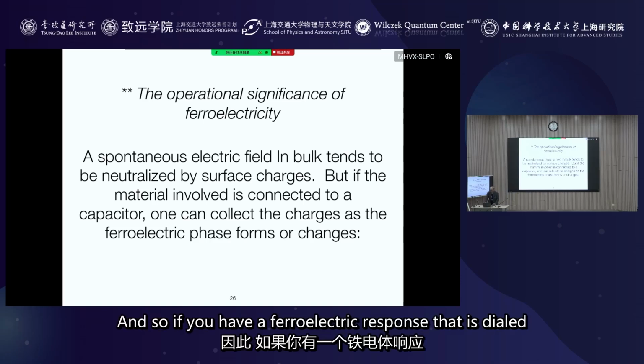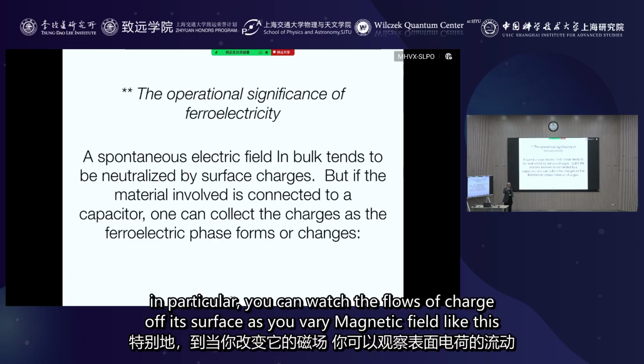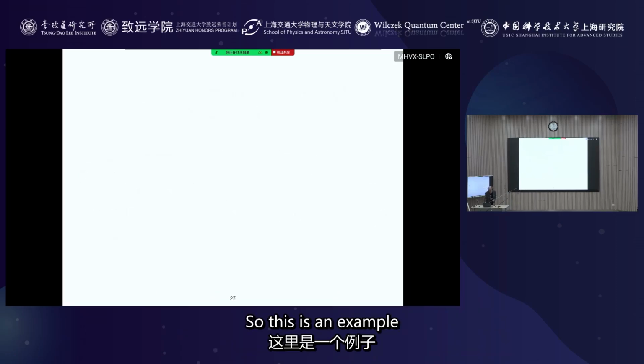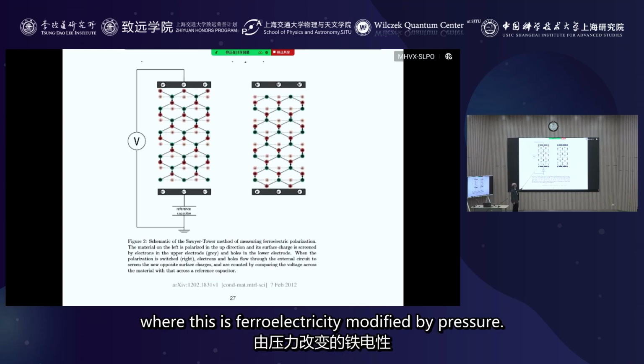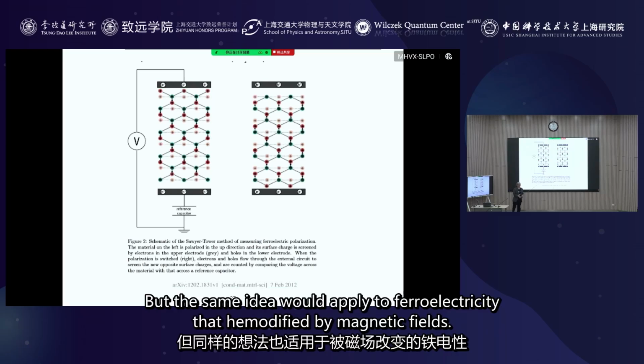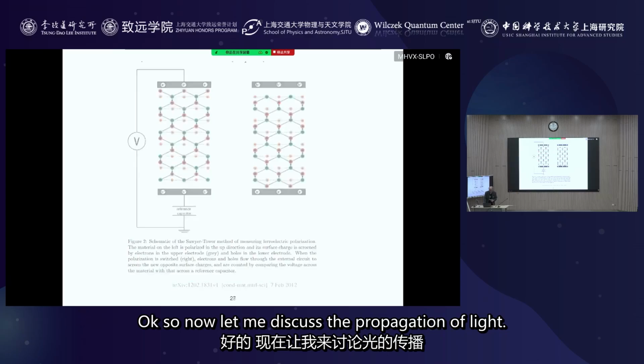And so if you have a ferroelectric response that is dialed by a magnetic field in particular, you can watch the flows of charge off its surface as you vary the magnetic field. So this is an example here where this is ferroelectricity modified by pressure, but the same idea would apply to ferroelectricity modified by magnetic fields. It's called the Sawyer-Tower method.